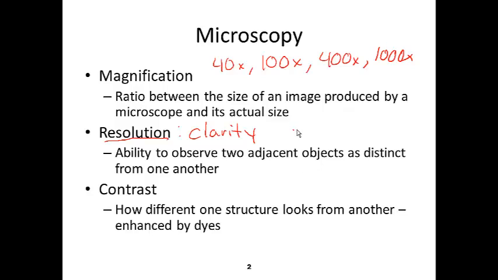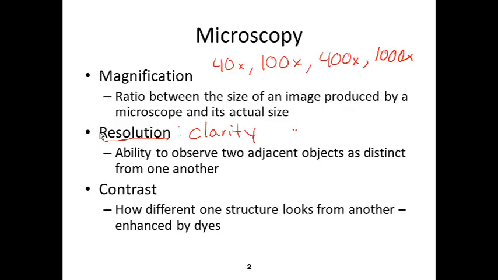So two points that are in close proximity can be observed as being separate. So the resolution of my eye is enough to tell these are two separate entities. At some point, when these objects become too small, my eye is limited in its resolution. Even though I can see something is there, I can't resolve the image.